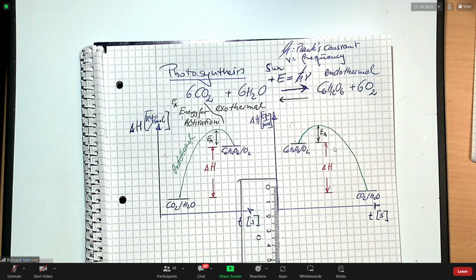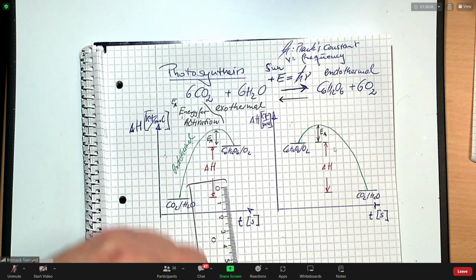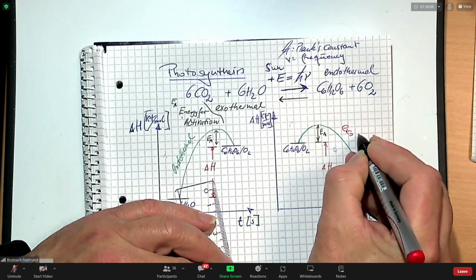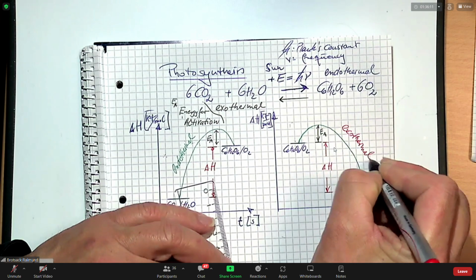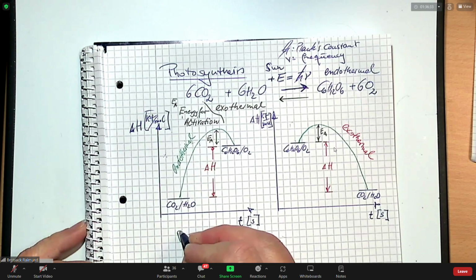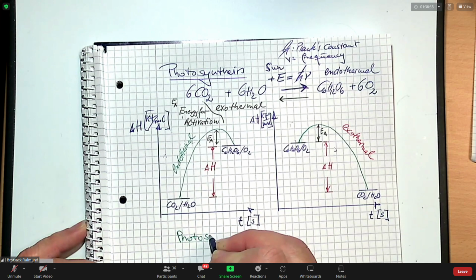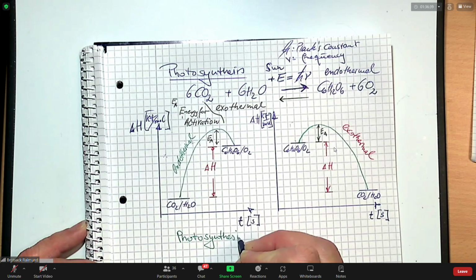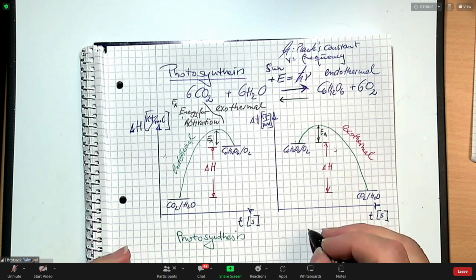So now this is exothermal, but this is not starting immediately. We need activation. That is called combustion. Here, the left is the photosynthesis, and the right is the combustion.